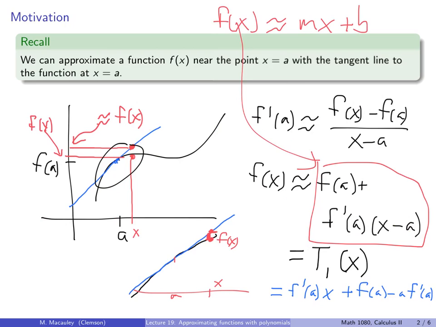So you can always approximate a continuous function, I should say differentiable, but that's not important right now, with a degree 1 polynomial if you zoom in close enough. Now what we're going to do is extend this.